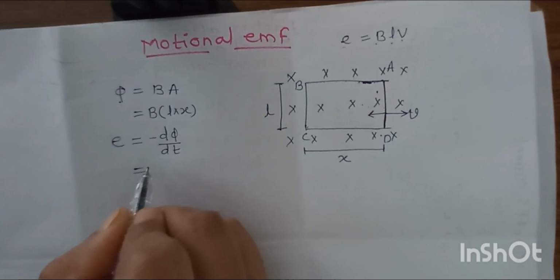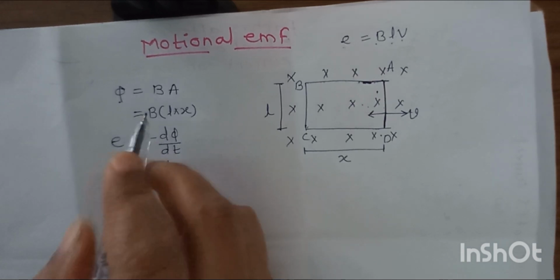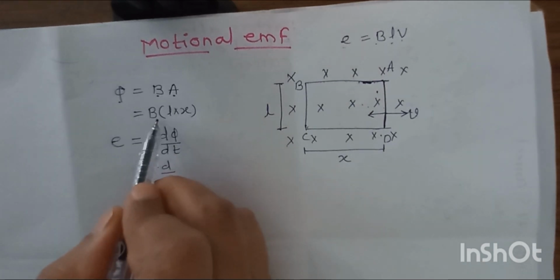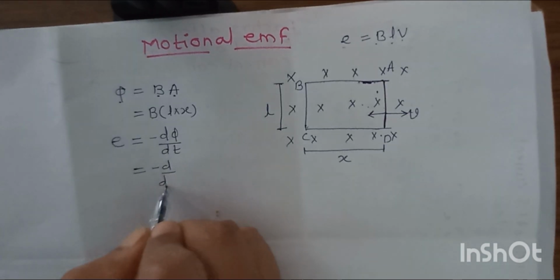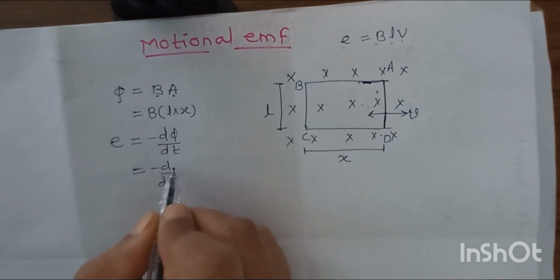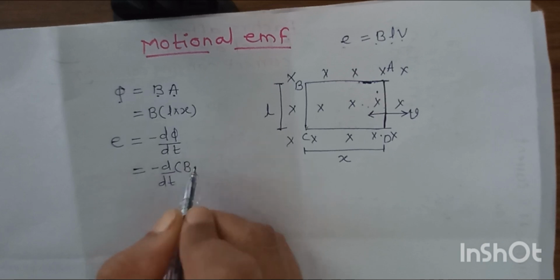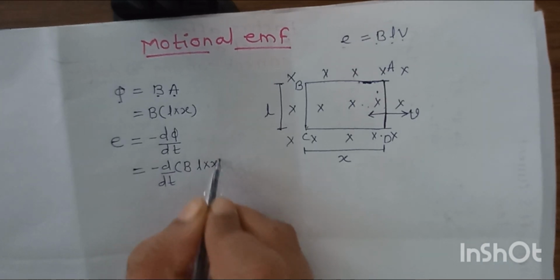Here phi is B into A, which is B into L into X. So I will keep this phi value as B L into X.